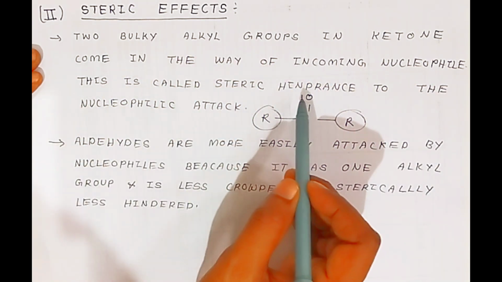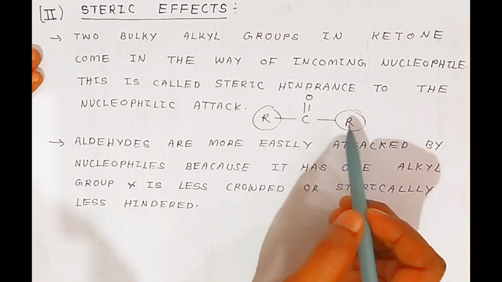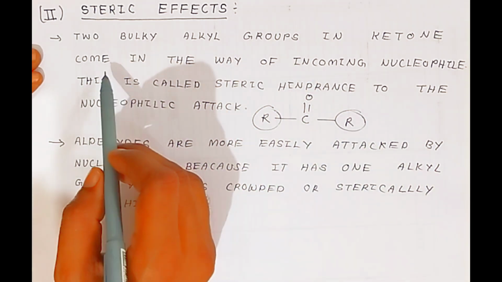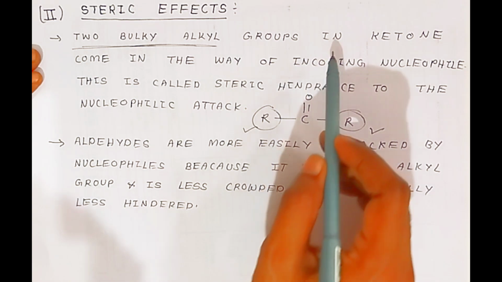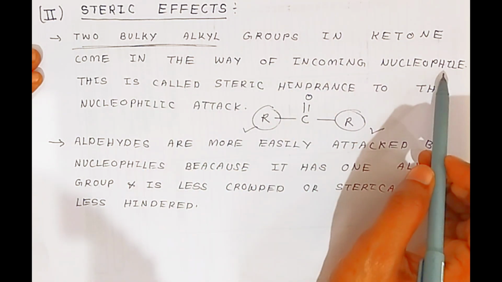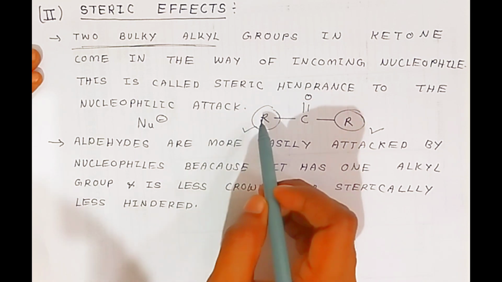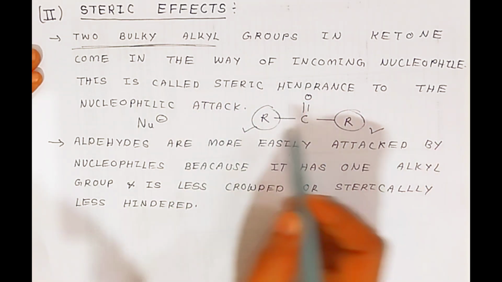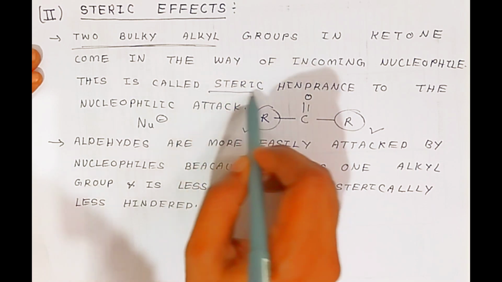If any nucleophile comes, there will be hindrance in its path because of these alkyl groups. This is called steric hindrance to the nucleophile.